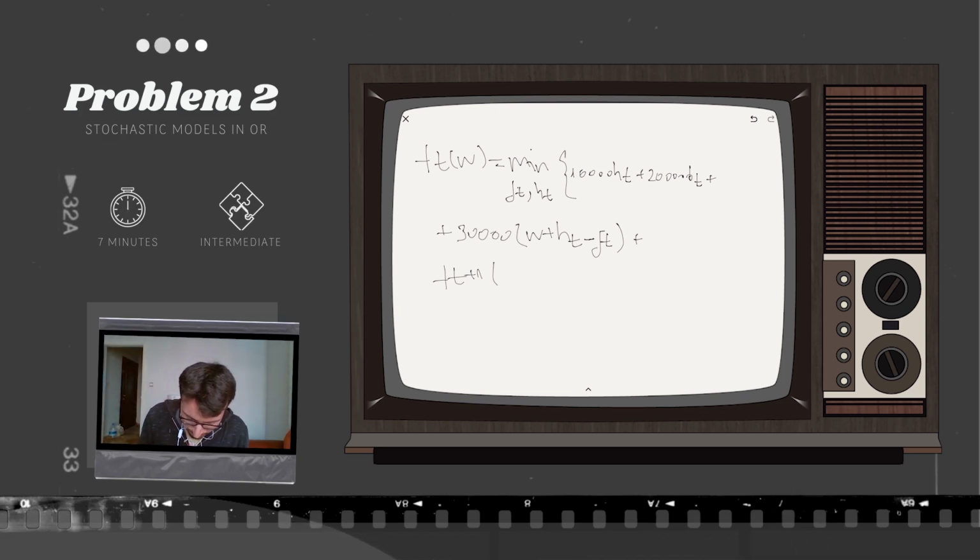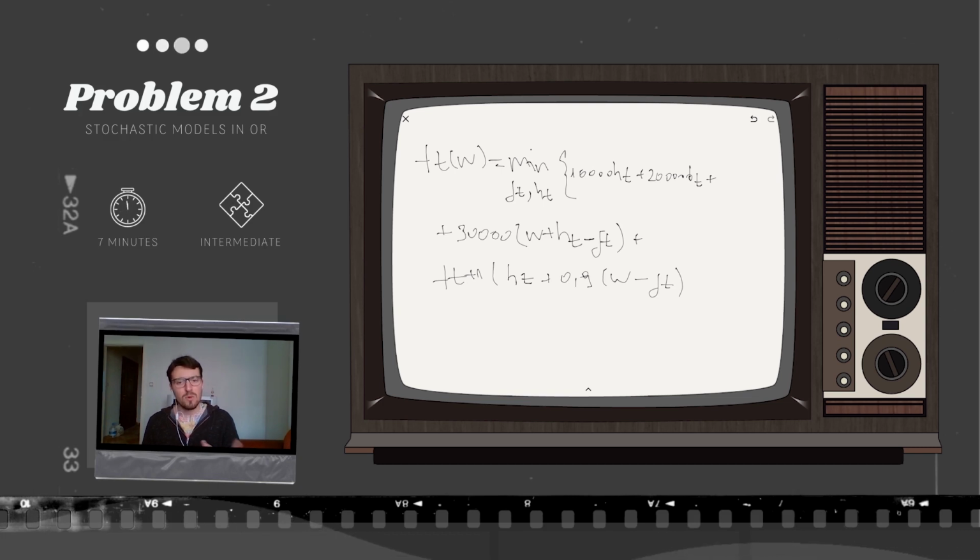So I will have the workers that I hired plus 0.9 W, the workers I have, minus the workers that I fired. So again, 0.9, what does it represent? We were saying earlier that 10% of the workers actually quit, right? So in this case, we are removing 10%, so 0.9 of the workers that we will have.